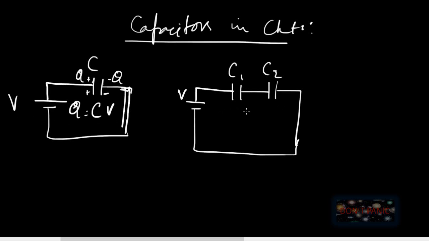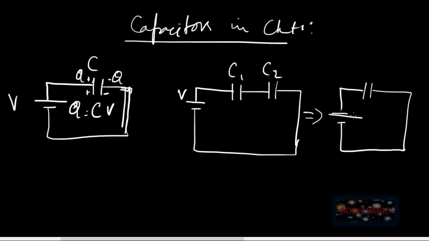Well, we don't know how to solve this problem. We know how to solve the simpler problem. So we can make this problem into the simpler problem by simplifying the capacitors into a single capacitor. So this is going to be your battery voltage V, and this is going to be some equivalent capacitance. Then across this capacitance, we know that Q equals the capacitance value times the voltage.